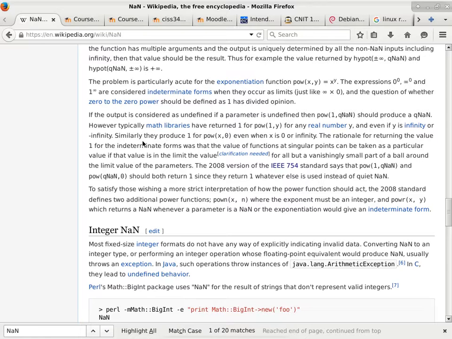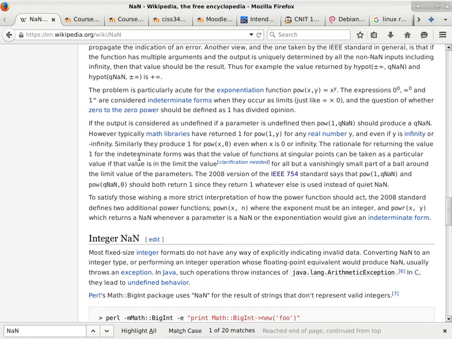In other words, the processor can basically say, hey, this is something I cannot handle. Operating system, tell me how to deal with this, okay? Or this is not quiet, okay? Anything that requires the processor or the operating system to deal with it is not quiet. The other option is it can just quietly say, oh, this is not a number, and put a NaN representation as a result. So that's the difference between a quiet and a signaling NaN.